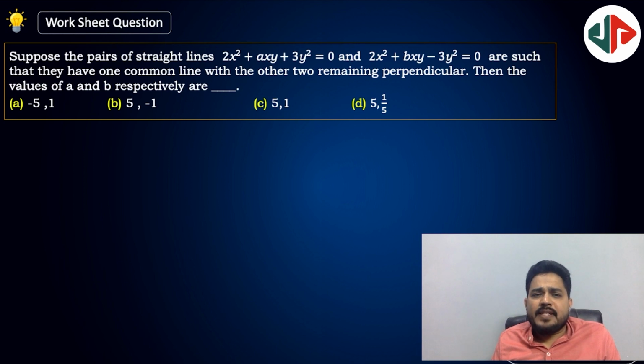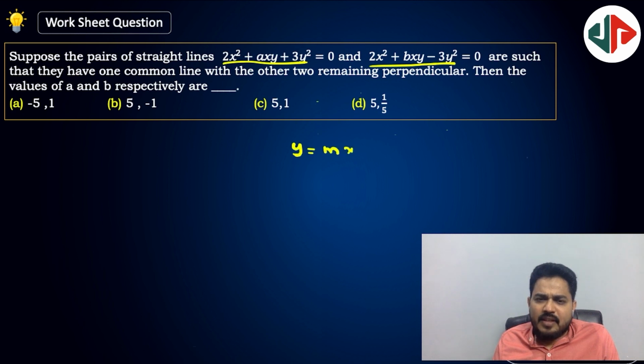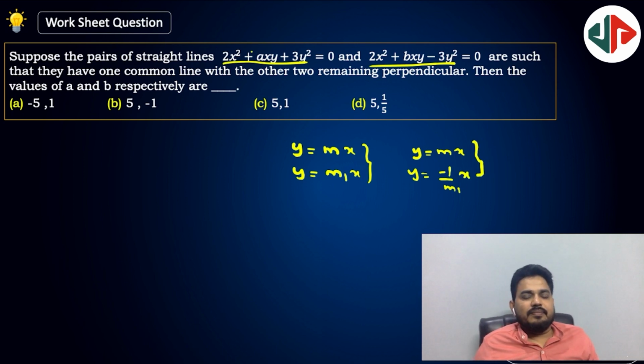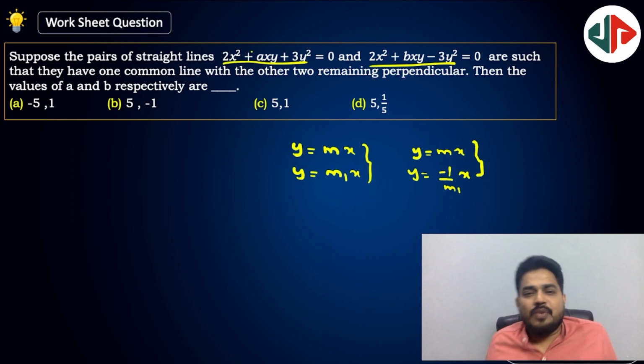Suppose pair of lines, this and this, how they have one line is common means like y is equal to mx, y is equal to m1x. This is the first equation. Y is equal to mx and y is equal to minus 1 by mx is the second one. Okay, so what will be the values?